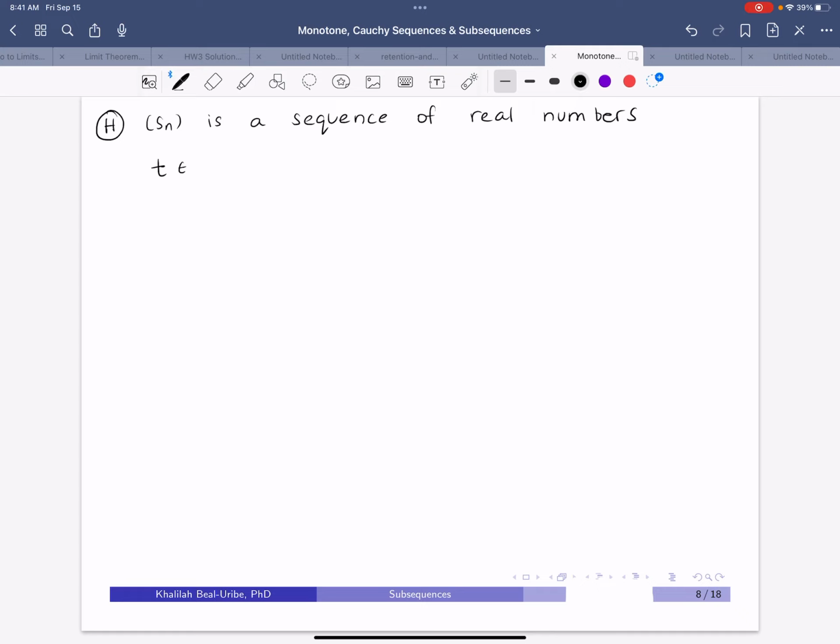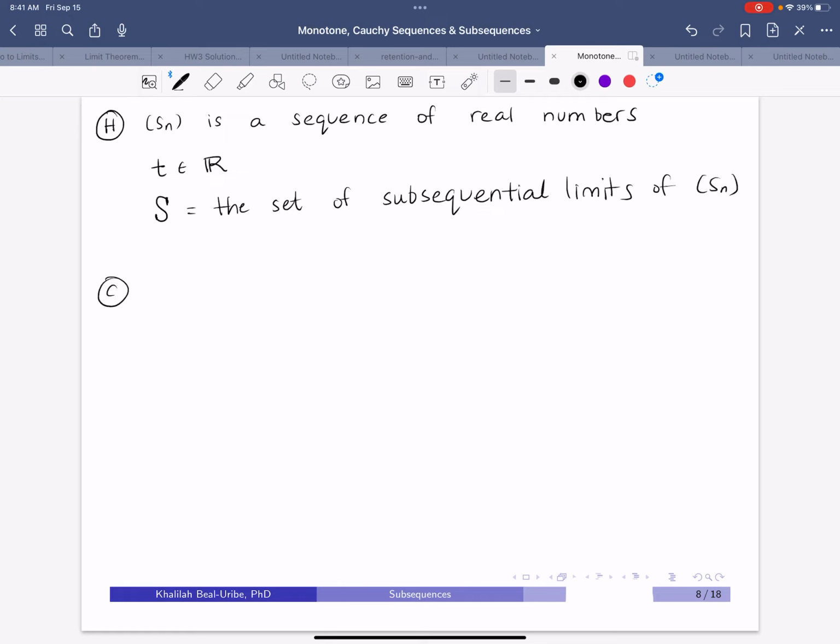And then let's say T is real, and S is the set of subsequential limits of Sn.